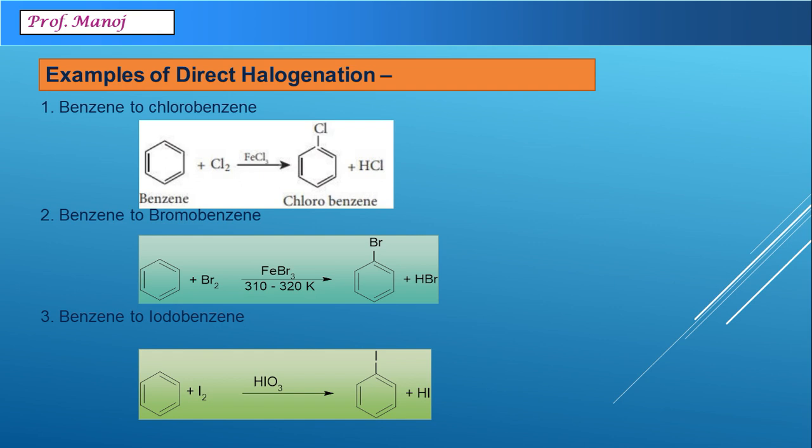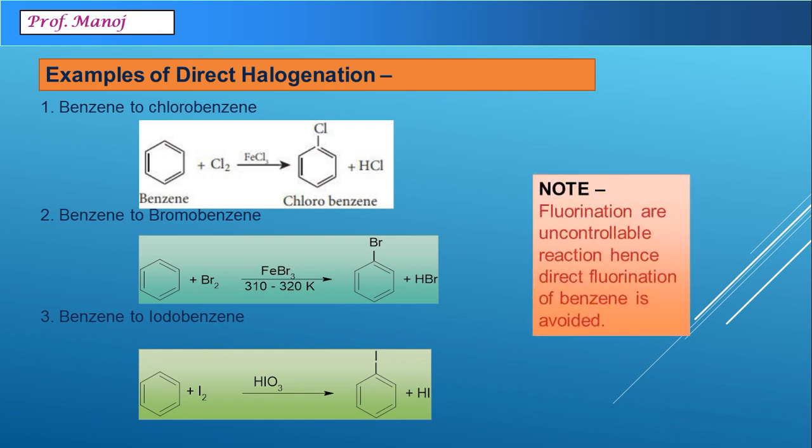You can see that all reactions are mentioned here except for fluorobenzene, because fluorination is an uncontrolled reaction and direct fluorination of benzene is not possible. We will see after some time, if I have to make fluorobenzene, what is a better way. We will see it in some time.